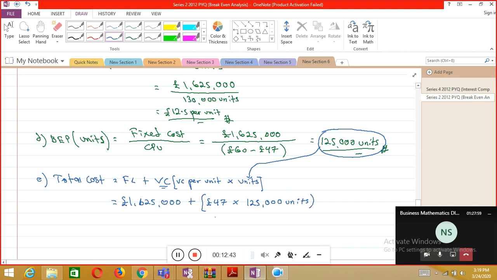So when you do 47 times 125,000, you get the variable cost. So how much in total? I think you should be able to get 7.5 million. Check and see, guys.